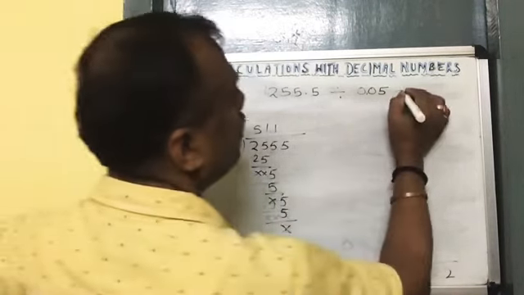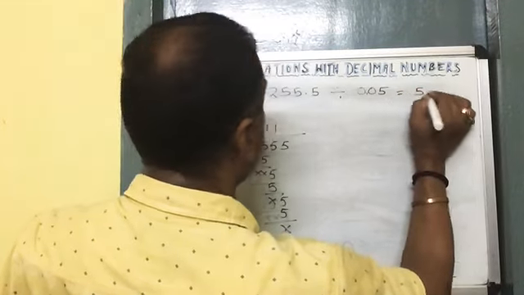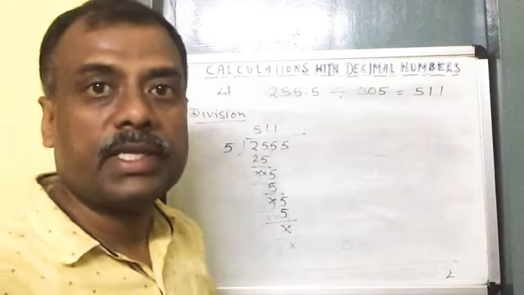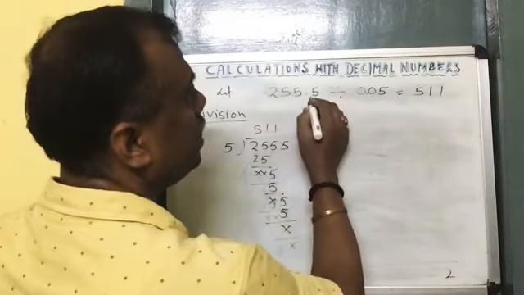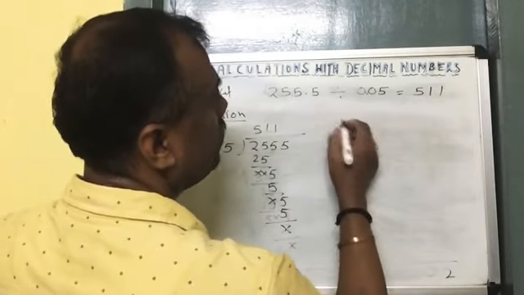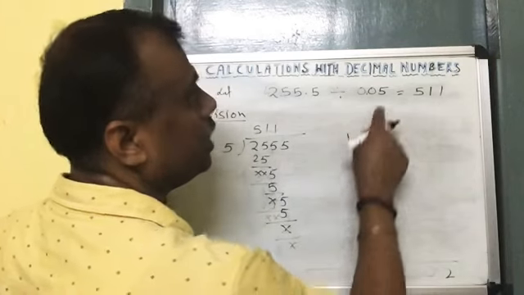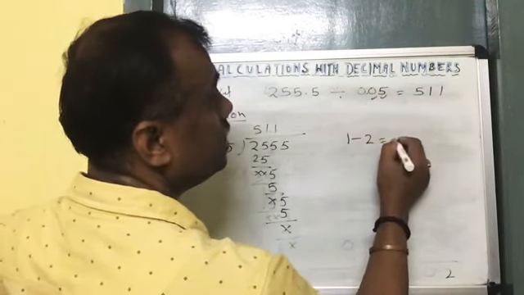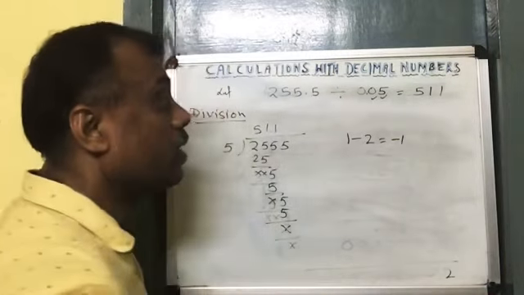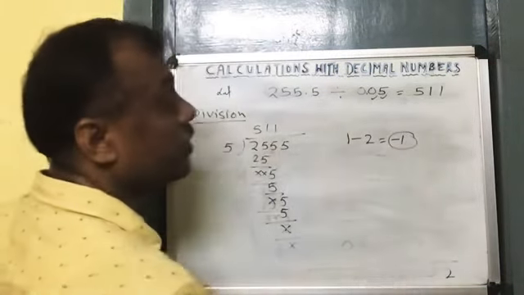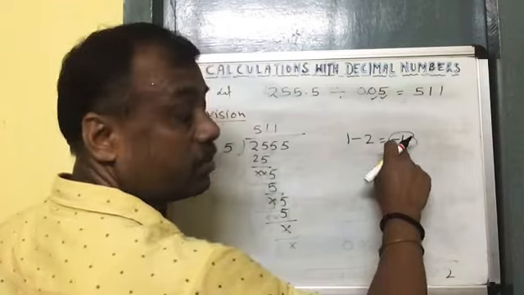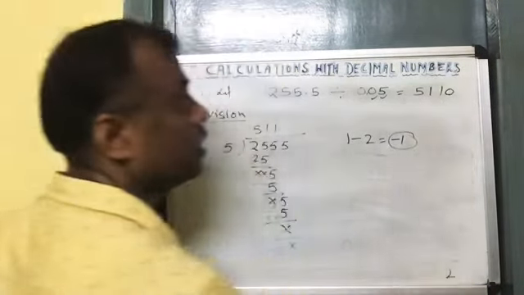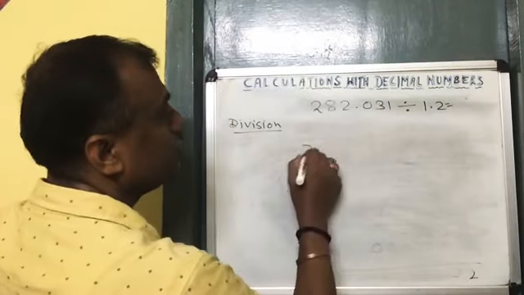So we will get 511, but now we have to put the decimal. How will we put the decimal? Here the decimal is after one place. Here the decimal is after 2 places. So what is the answer? Minus 1. When minus comes, we have to put as many 0s as the minus.